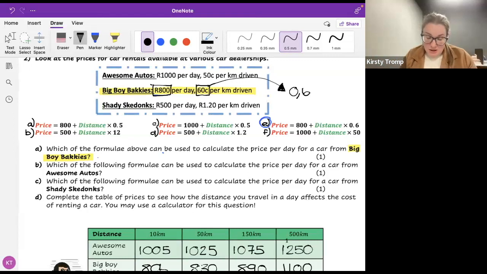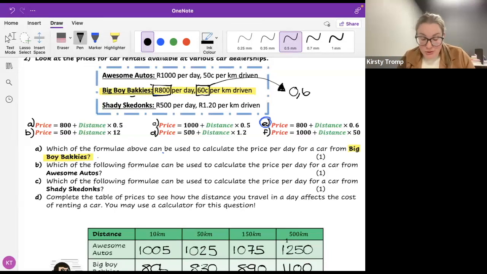Yes, ma'am. All right. So if I'm looking now for which formula to use, they've got 800 times distance times 0.5. I know that that one's not right. Do you agree? Yes, ma'am. Then they've got 1,000 plus distance times 0.5. I know that that one's not right either. Then they've got 800, so the 800 is right, plus distance times 0.6.